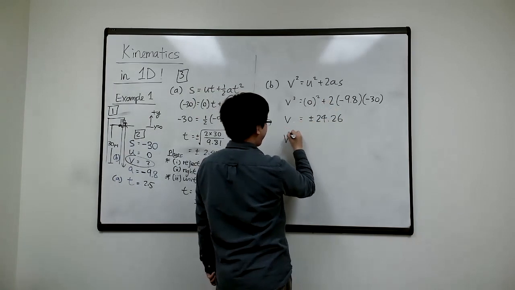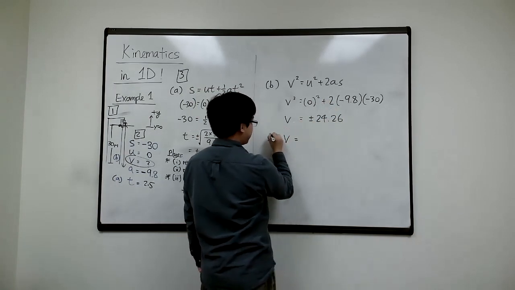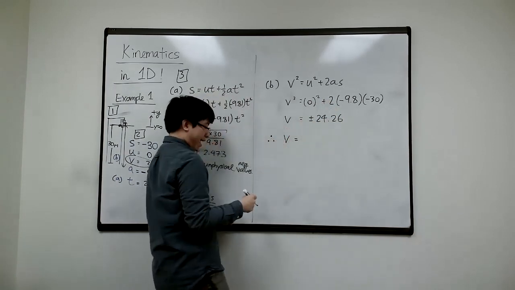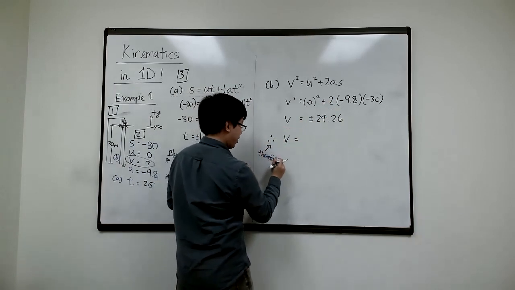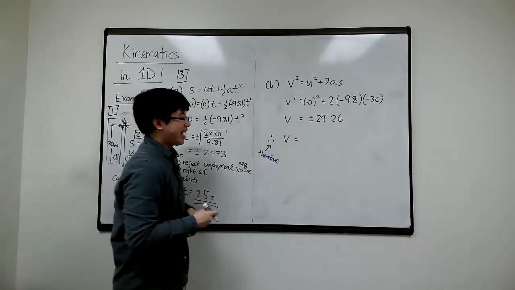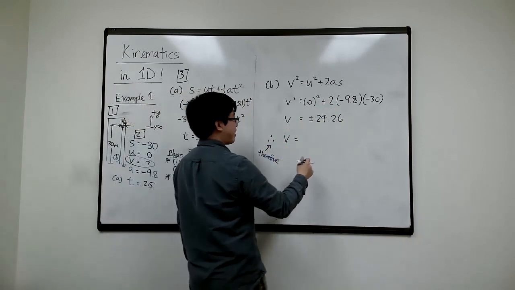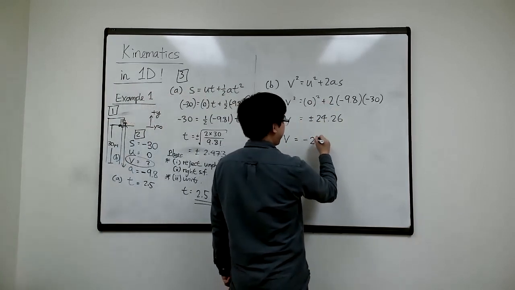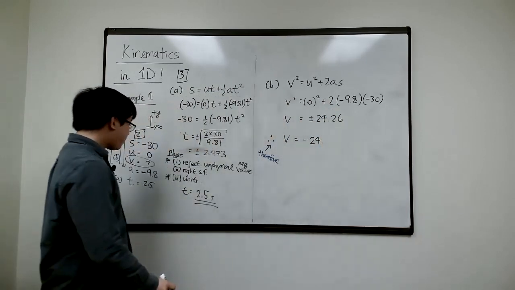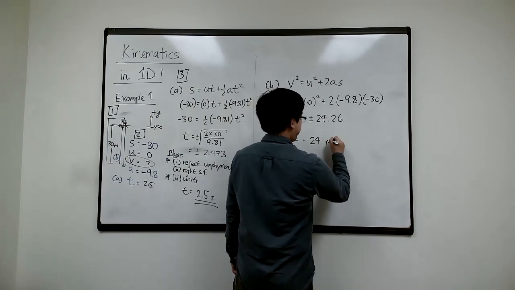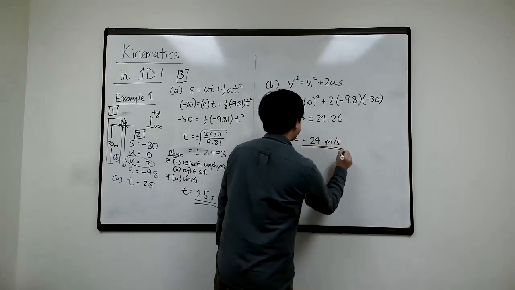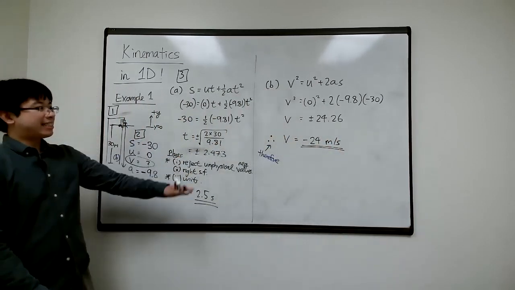So our final velocity, and the 3 dots is the shorthand for therefore. At some point, I'll stop annotating my shorthand, once you get more used to it. So we need to pick the negative one. Let's use 2 significant figures, in this case just 24, and add the units. That's a complete answer like that, okay?